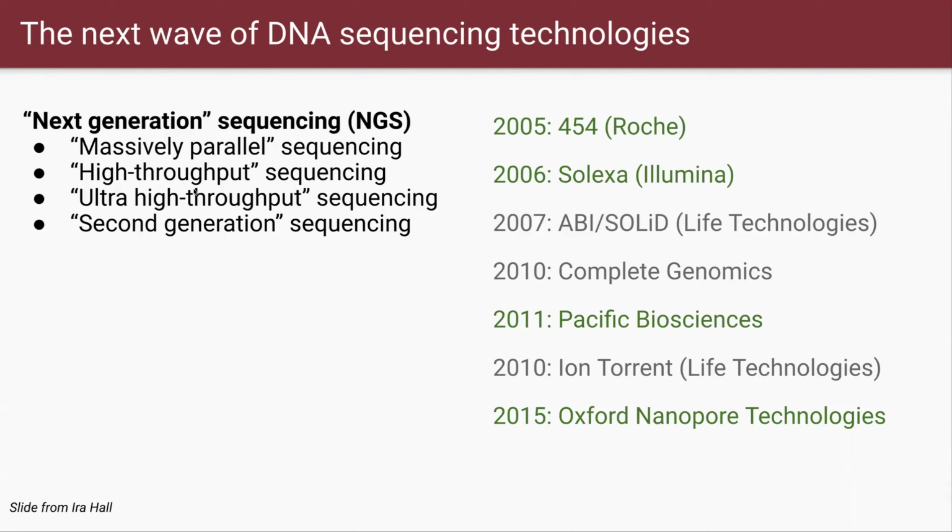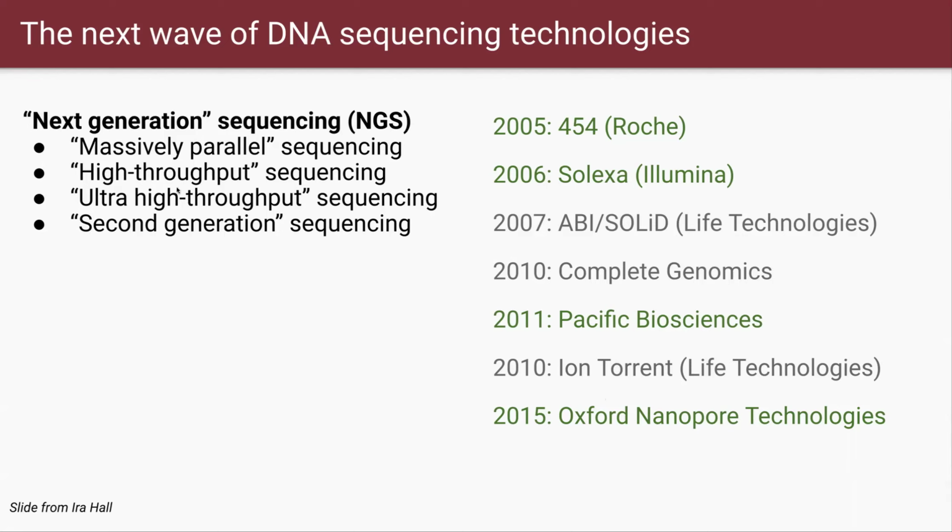This is also a sort of consecutive advance on Sanger sequencing, so we say it's second generation sequencing. And since we get a high throughput data set, we also call this massively parallel sequencing. The first NGS was introduced around the mid 2000s by Roche, on a technology platform called 454.